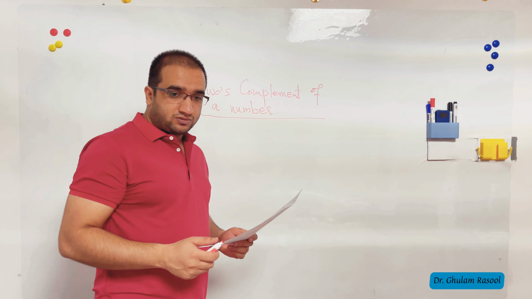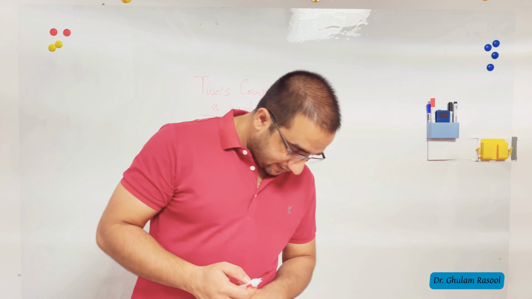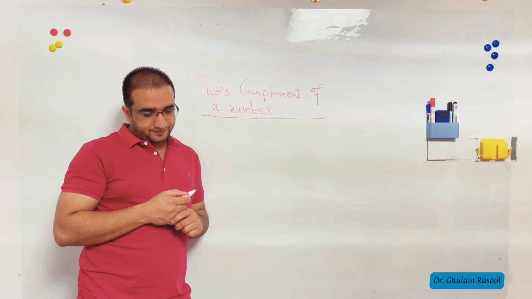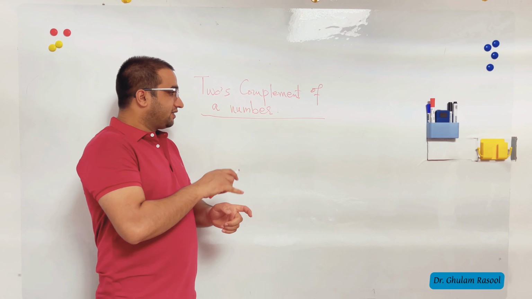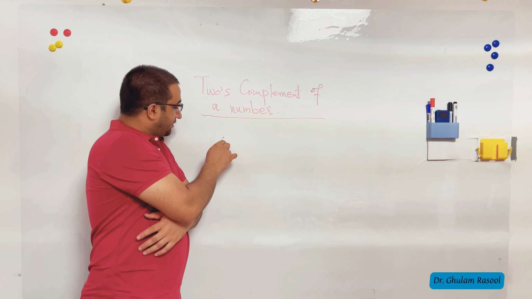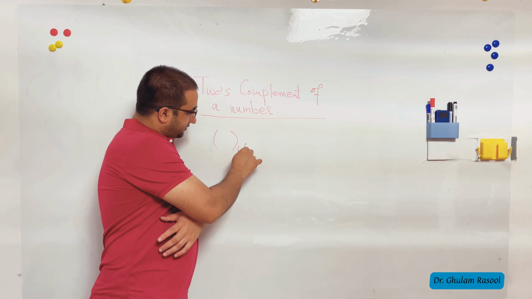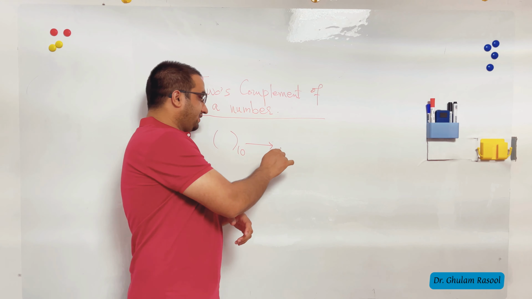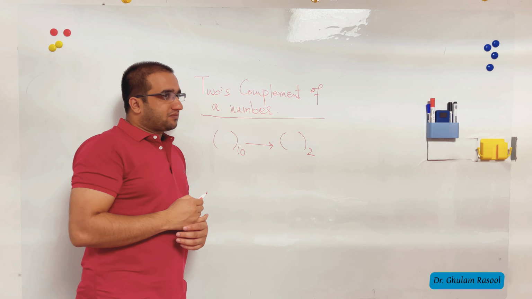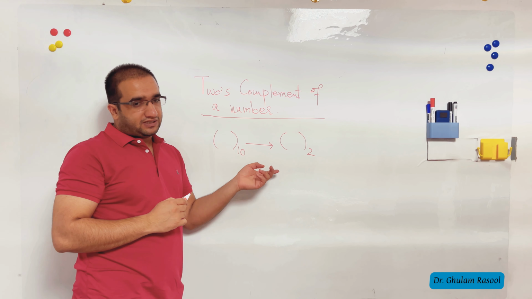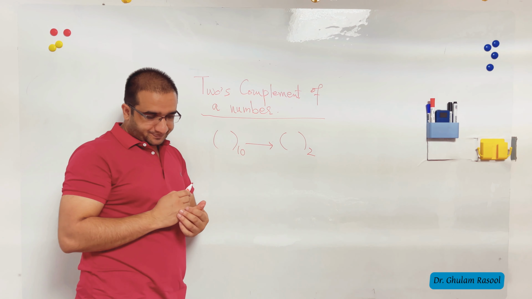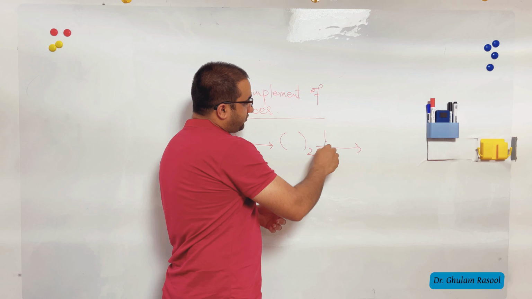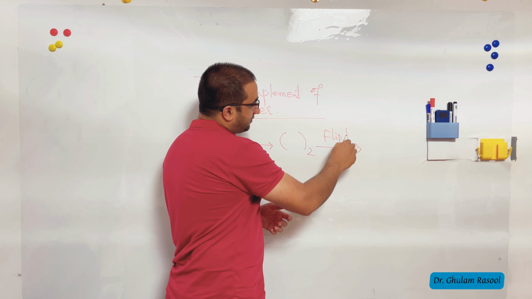So we already know how to find the 2's complement of a decimal number. We just need to convert the decimal number, first into binary. Whatever the number is, we convert it into a binary number, and then we flip the digits.